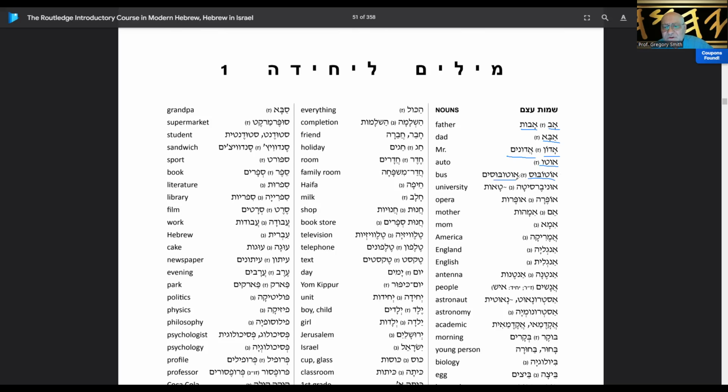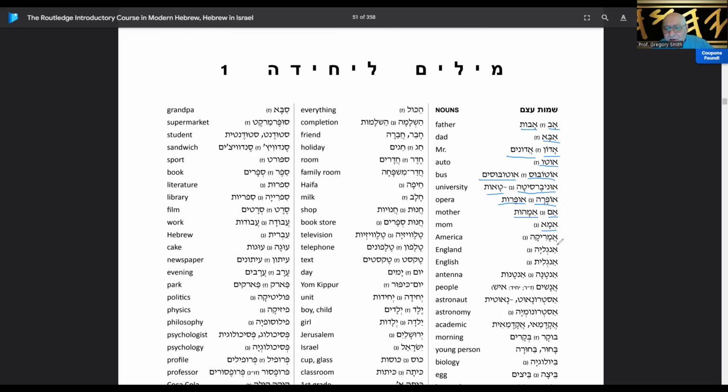Autobus, autobusim. Okay, universita, look at that, university. What's this here? Oh, universitiot would be like universities. Okay, all right.